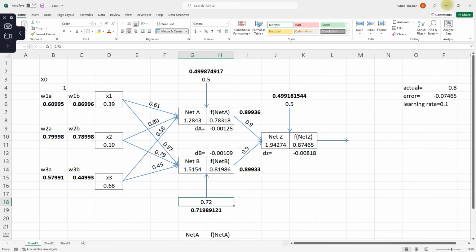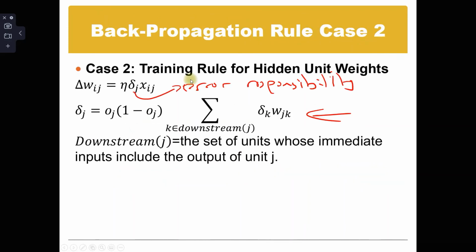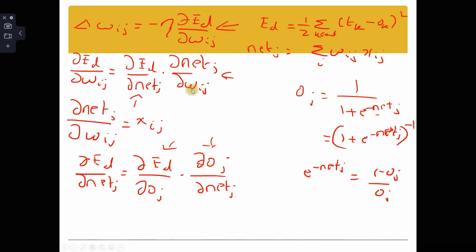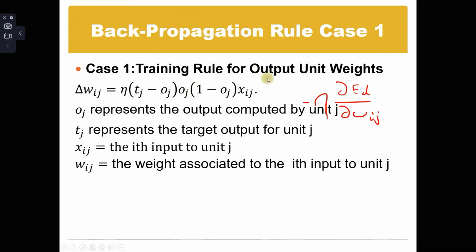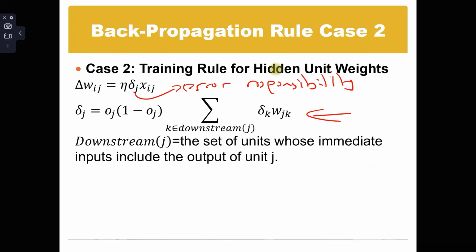We won't be able to use the rule that we just used here. This rule is applied only for the weights that are connected to the output node. So to update the weights that are connected to the hidden node, we have to use the second case of the rule, which is here.